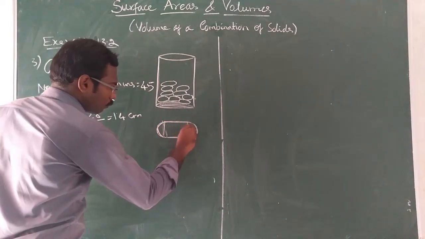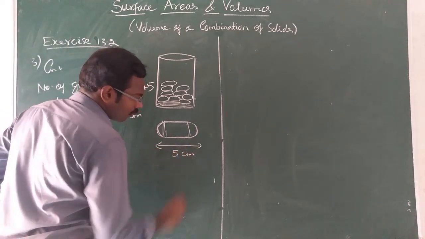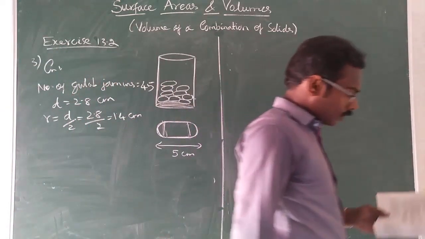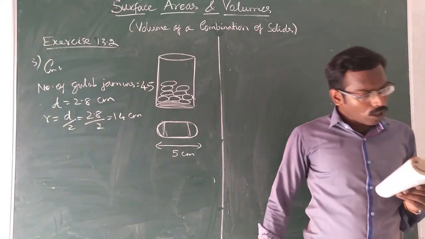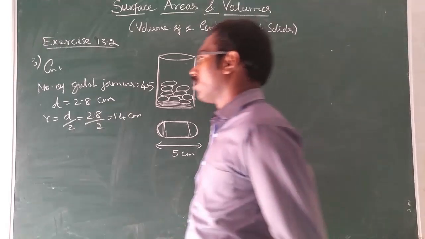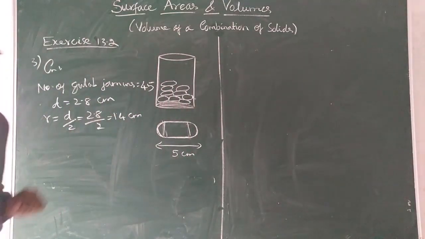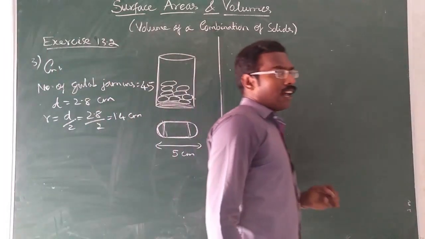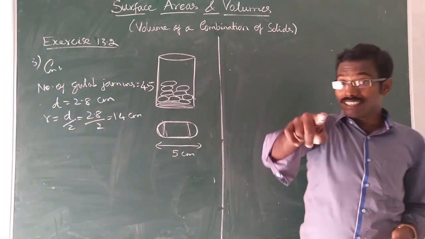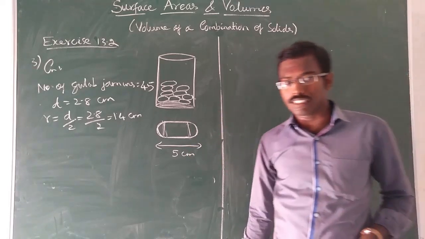This is one gulab jamun. The total length is equal to 5 centimeter. Okay, so now what you have to find? You have to find approximately how much syrup would be formed. Okay, so this question you have to understand. First, how will you solve this? First, you have to find the volume of one gulab jamun. Totally 45 gulab jamuns are there.